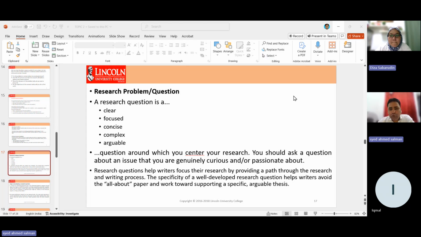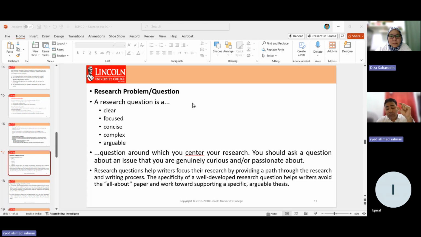A research question should be clear, focused, concise, complex, and arguable. It is the question around which you center your research. You should ask a question about an issue that you are genuinely curious or passionate about.